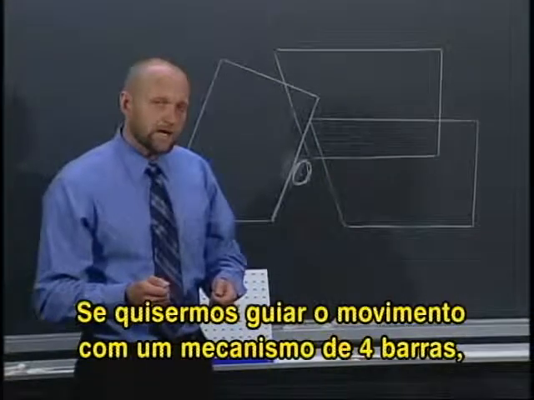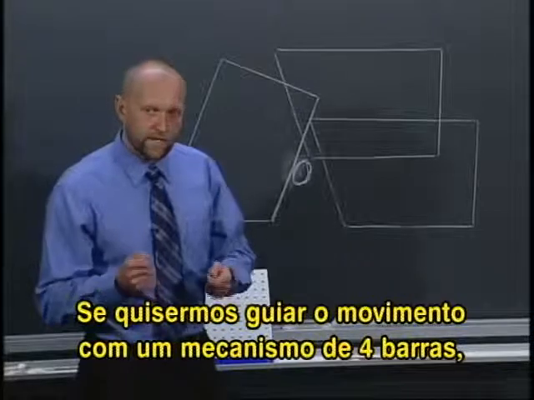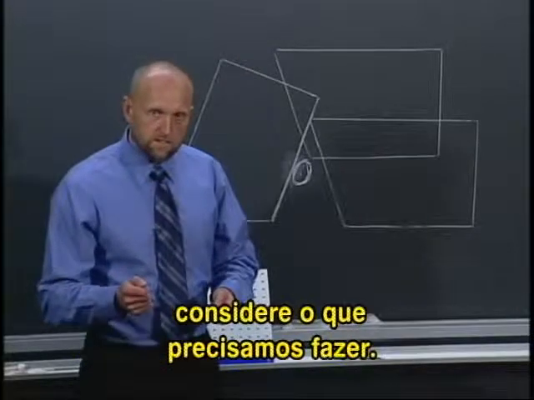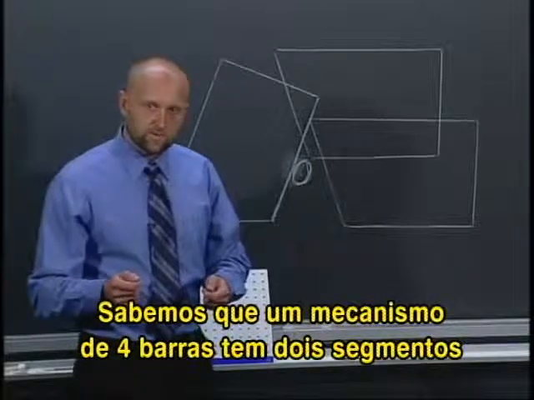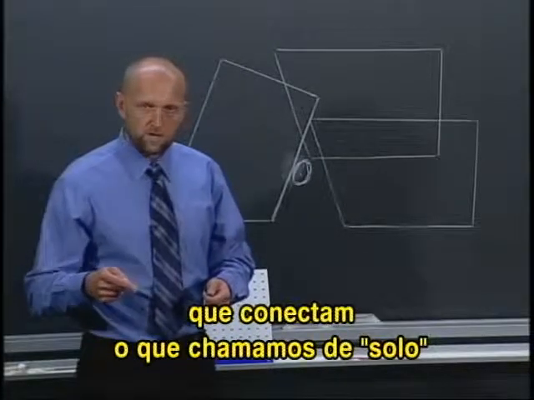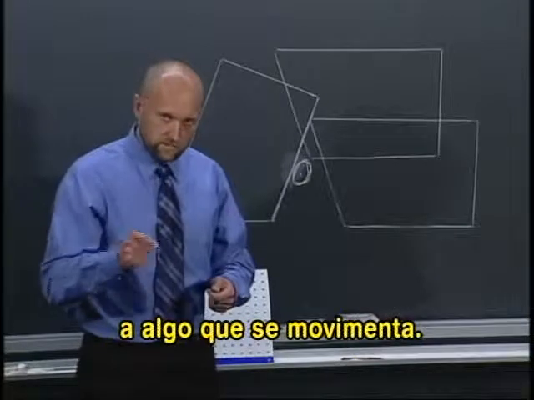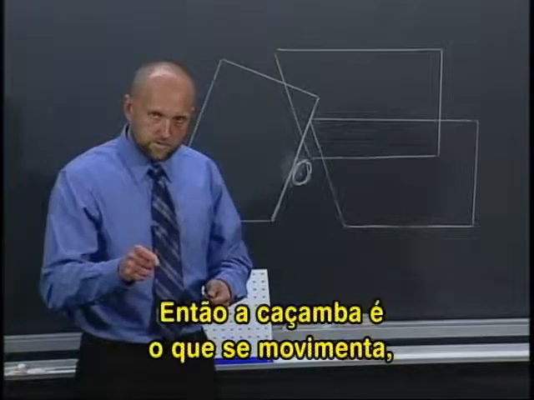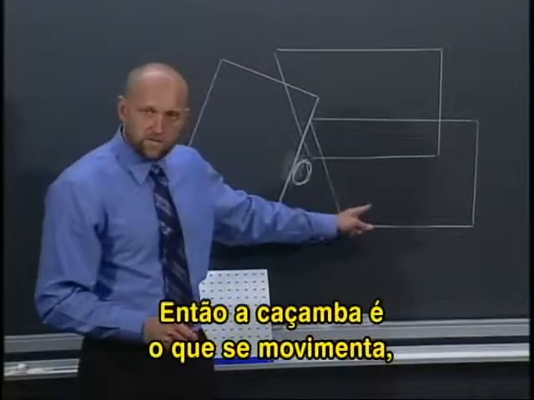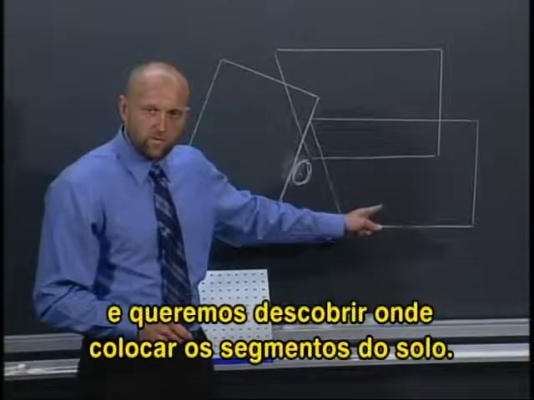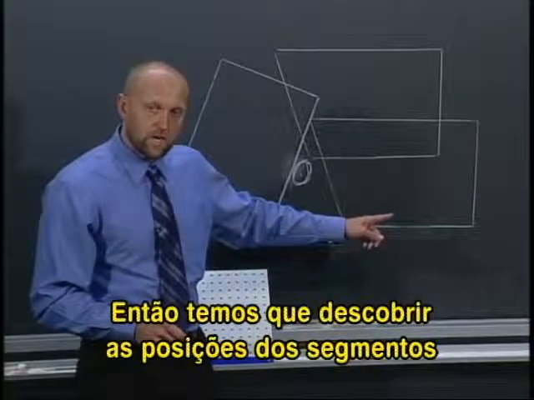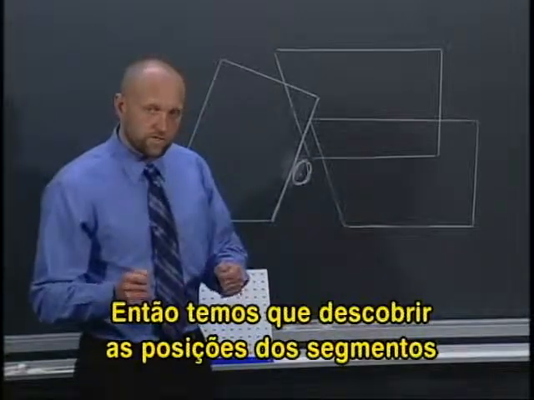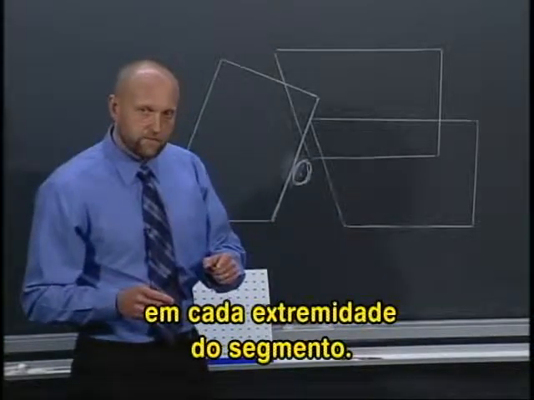Now, if we want to guide this motion using a 4-bar mechanism, consider what we need to do. We know that a 4-bar mechanism has 2 links that connect from what we'll call the ground to something that moves. So, the bed is that something that moves, and we want to figure out where the links on the ground go. So we have to come up with the locations of 2 joints at either end of that link.